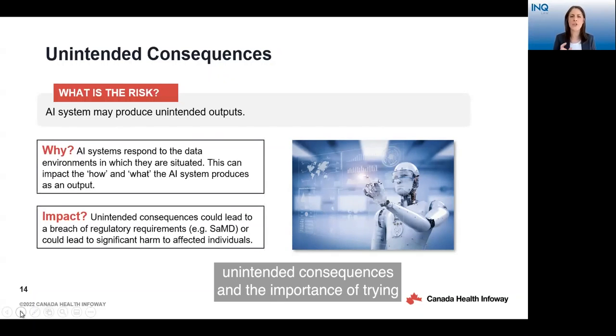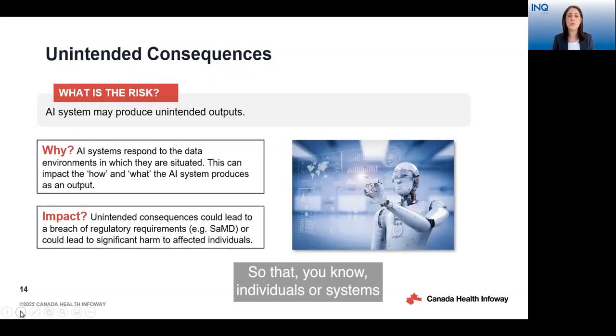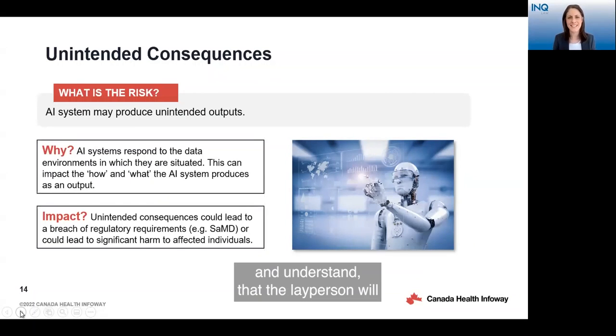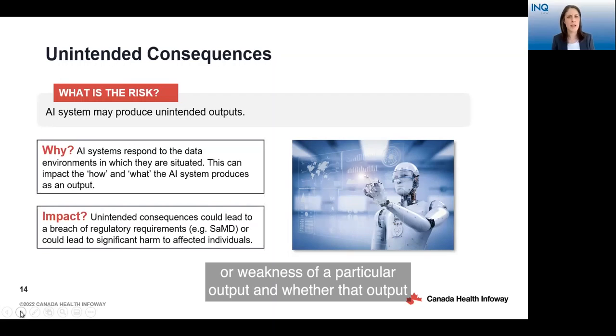And so that really touches on some of the critical features we find around unintended consequences and the importance of trying to forecast what those potentially could be and taking measures to mitigate those potential damages so that individuals or systems aren't ultimately harmed, particularly given Janet's last point of explainability, where these systems can be so complicated to unpack and understand that the layperson will really struggle in deciphering what is a strength or weakness of a particular output and whether that output is associated with the intended purpose.